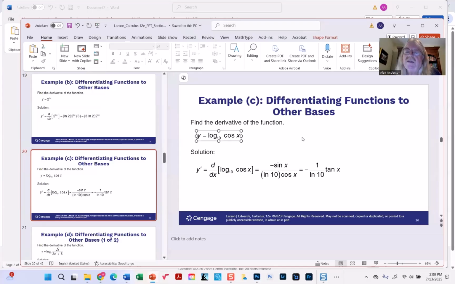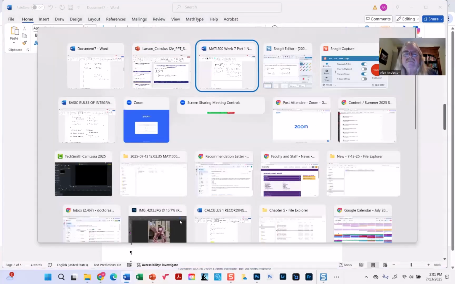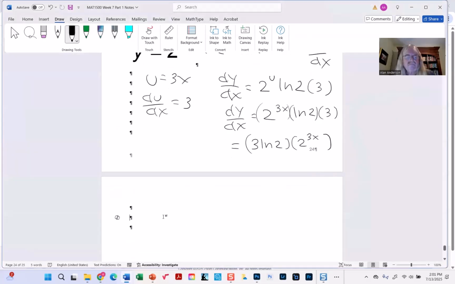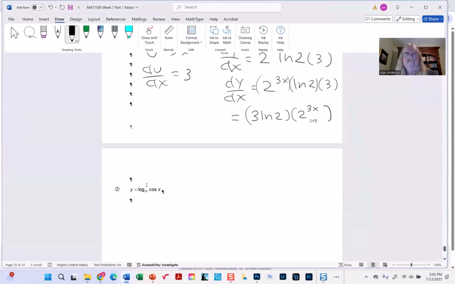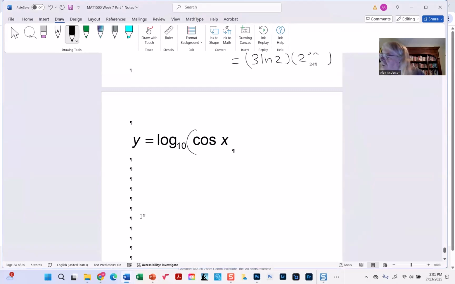Oh my God, now we're getting into some very deep waters because we have trig functions involved. All right, how does this work? Keep in mind, this is the log of cosine of x. This is not a product.